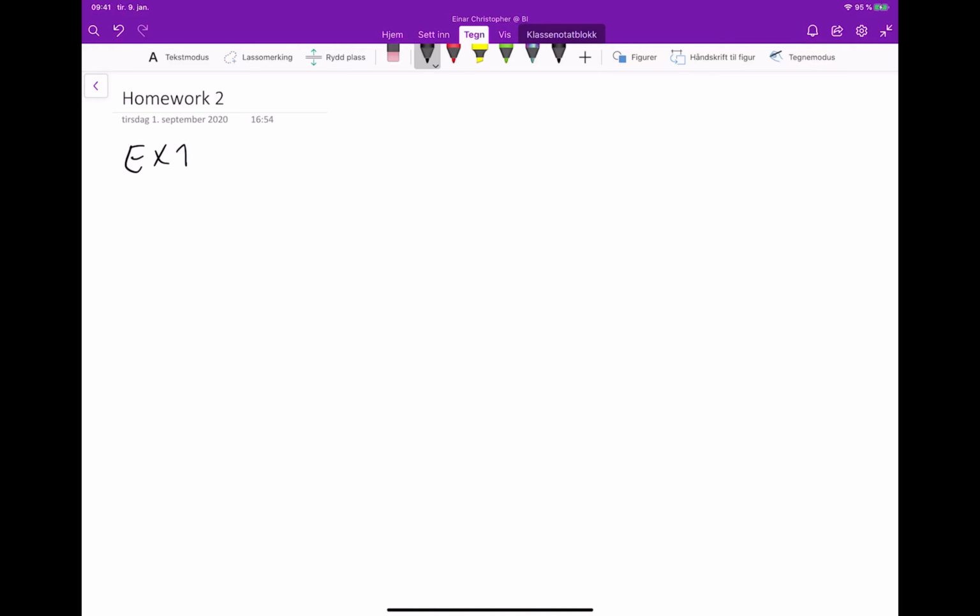Exercise 1. We get some information in the start, so let's put it into the text here too.